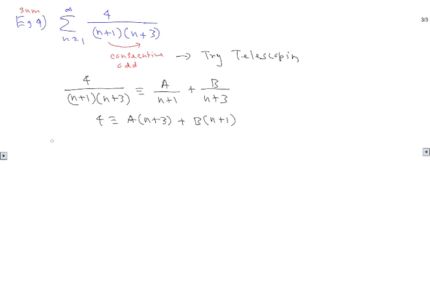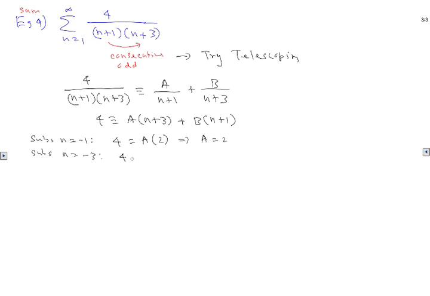Now we're going to do a smart substitution here. We substitute n equal -1. Once you do that, the second term gets cancelled, so you get 4 equal a times 2. This says that a equals 2. Then we're going to do another smart substitution, n equal the other one, -3.